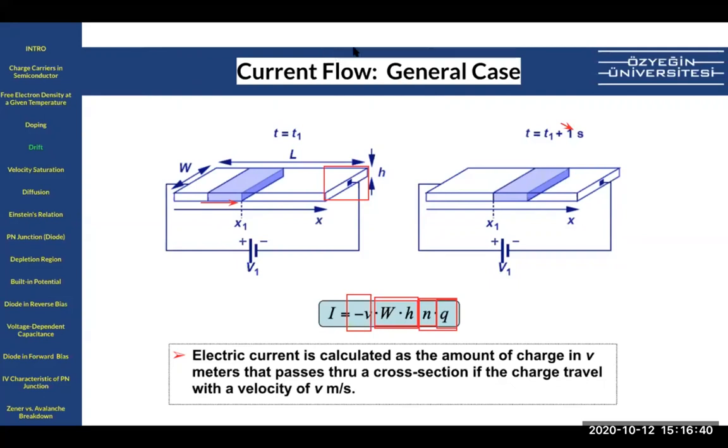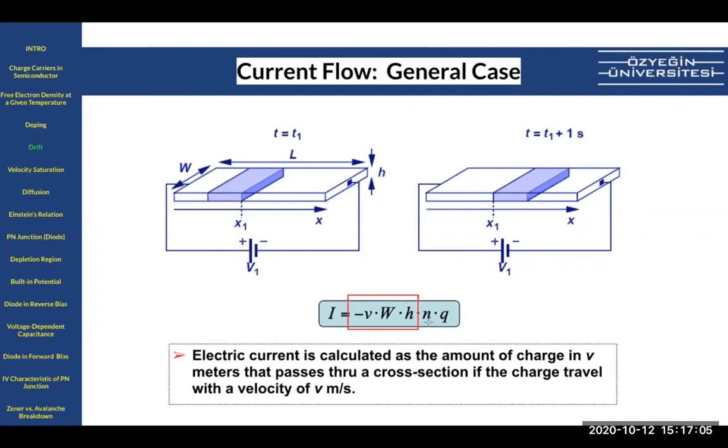Another way to explain this: we multiply x, width, and height, the three dimensions, length, width, and height, but we divide by time. That is the term in the square.